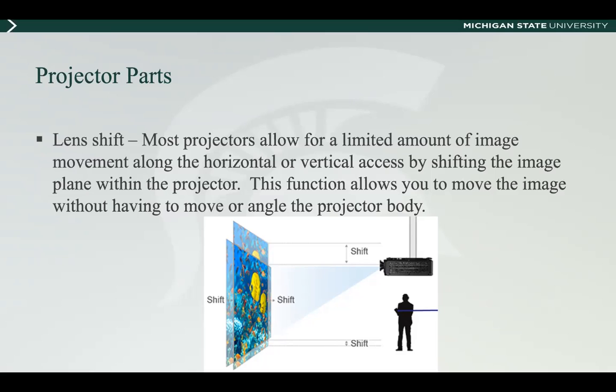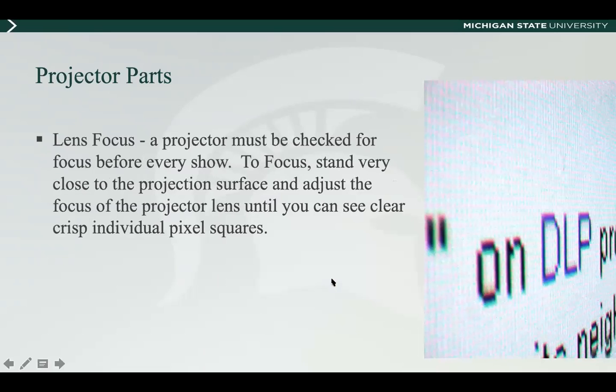So we don't have the luxury of lighting instruments where we can just easily move lights and stuff like that. So in a setting like this, we have lens shift, which helps us shift the lens easily without having to move the actual projector, which comes in handy a lot. You can see this in this image below, how that works. It's just a little thing that really helps in the long run.